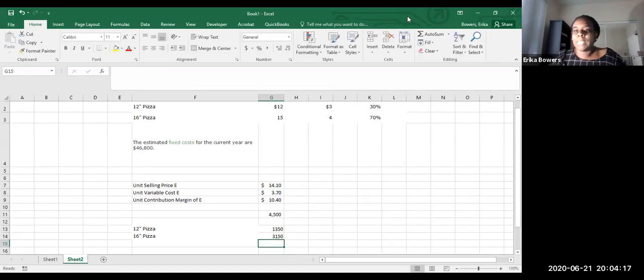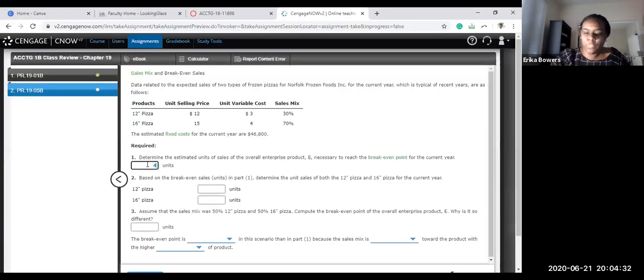I like to sum it just to make sure that we come up with 4,500. So now this is our number. We're going to go back and put this into our model. We need to sell 4,500 units. The 12-inch is 1,350. And then the 16-inch is 3,150. Right, it's the bigger number.